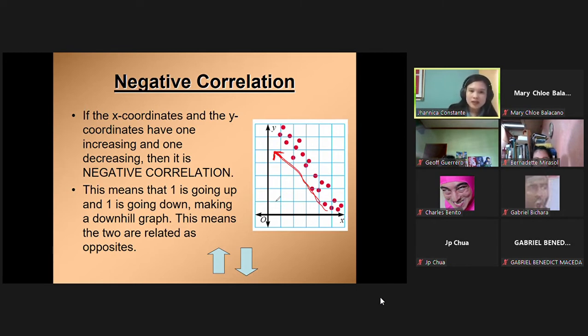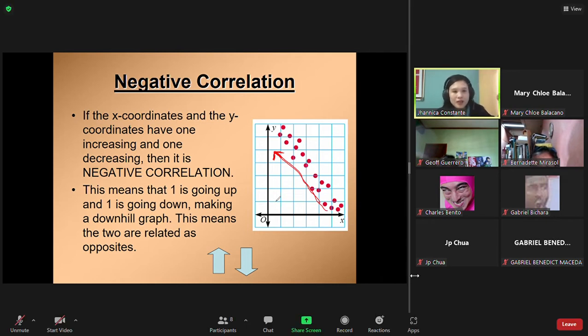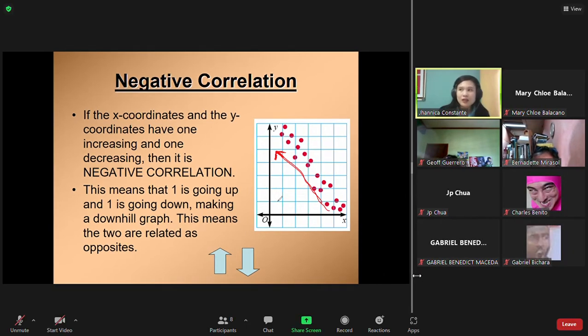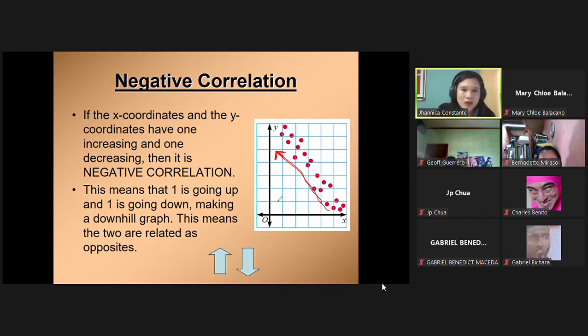That is a negative slope, from the right side of your Cartesian plane going to the left side. That's the direction of the dots in the graph that we have. So if in the positive correlation or positive association you have two types, we also have two types of negative correlation or negative association, which is the strong negative.